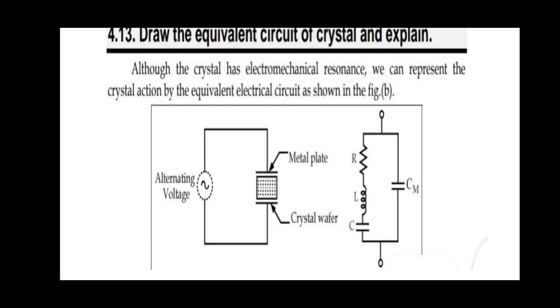If any component in the feedback network changes, it will shift the operating frequency of the oscillator. The RC oscillator is used for low frequencies like audio applications, so it is not suitable for high frequency applications above 1 megahertz.